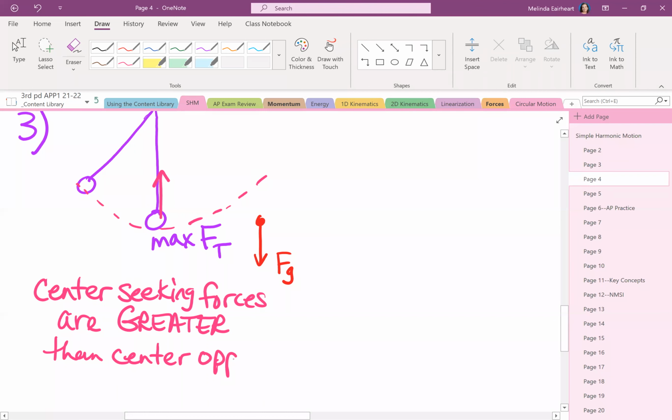Now I know you're like, but with springs, you said Fs equaled Fg at that point, right? Yeah, that was true for the up and down spring or the left and right spring, but here we have circular motion at play too. And so that tension force, I'm going to go exaggerating here.